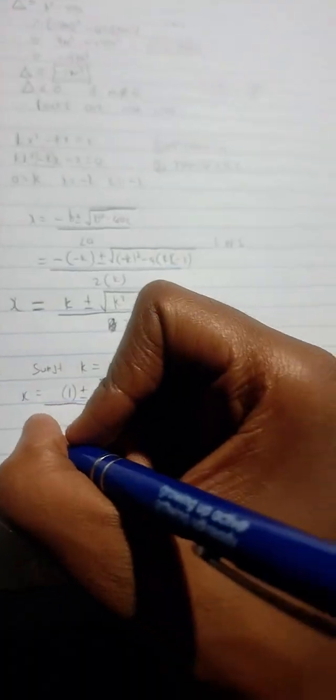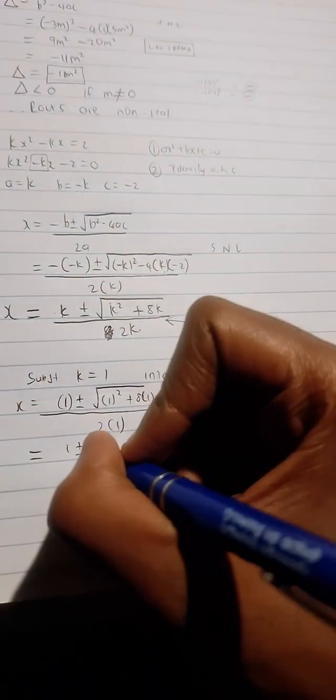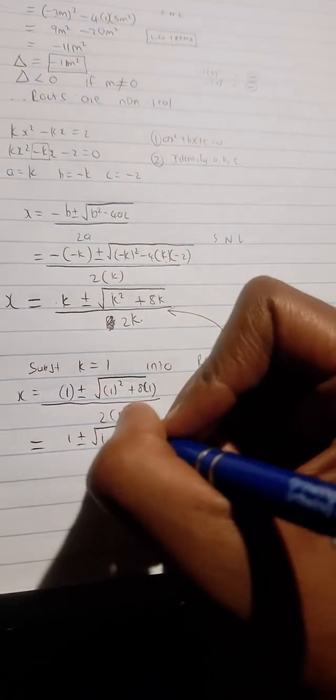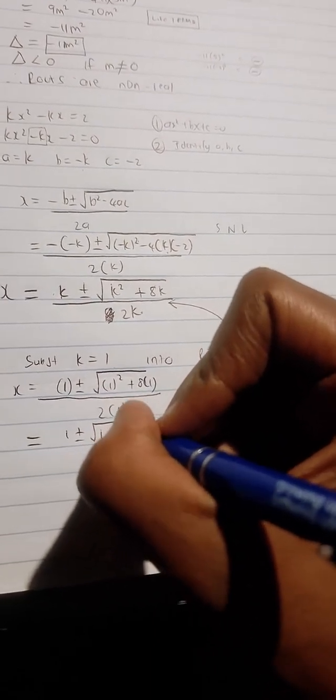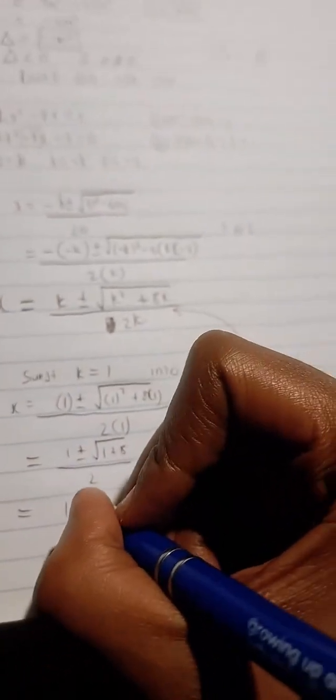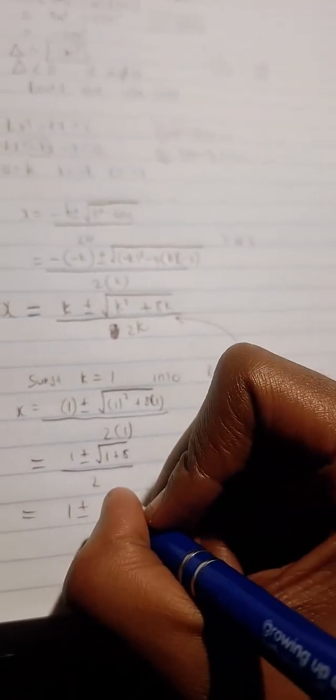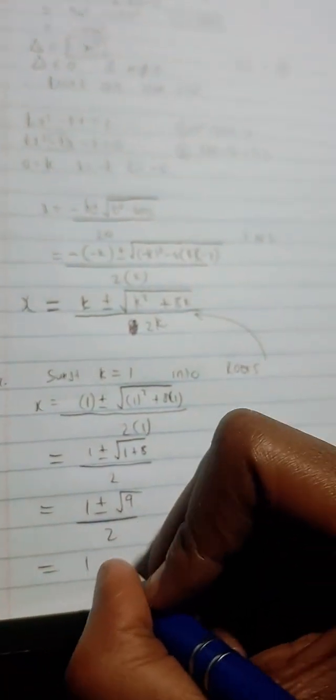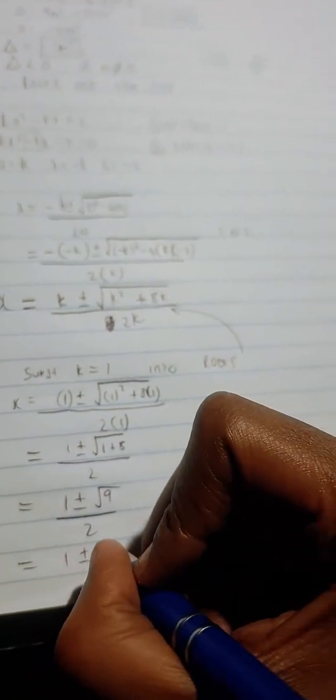Right? Then 1 plus minus, 1 squared is 1, plus 8 over 2. Then 1 plus minus the square root of 9 over 2, equal to 1 plus minus 3 over 2.